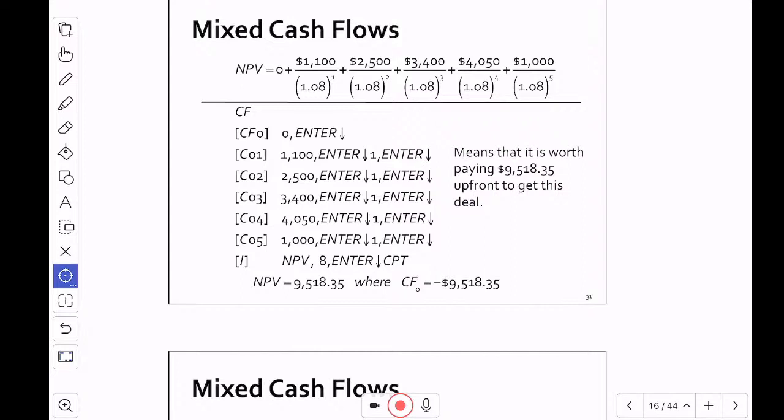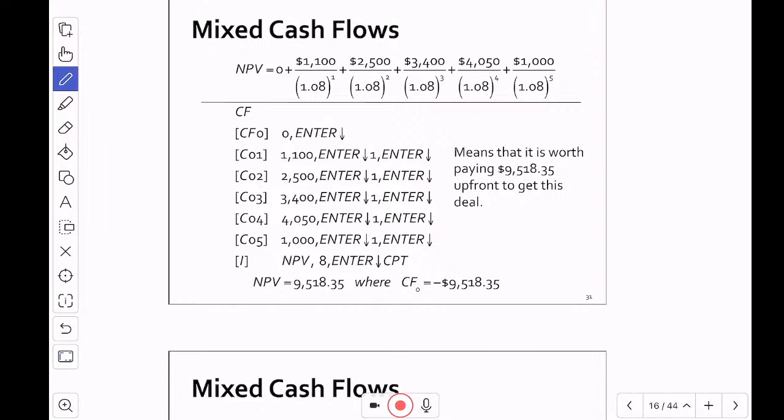Let me talk about the timeline. Well, let me show you this first, and then I'm going to talk about the timeline and show you something interesting, in the hopes of not confusing you.